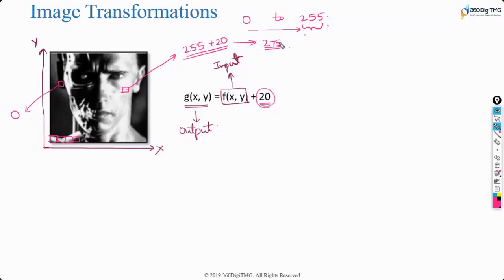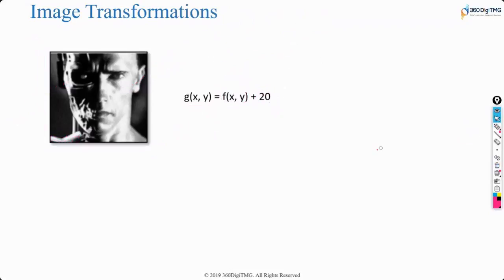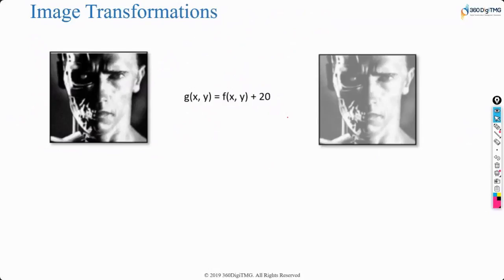So what do you think will happen in this scenario? It will force fit any number greater than 255 to 255. Okay, it's going to force fit. So our image here has become white.